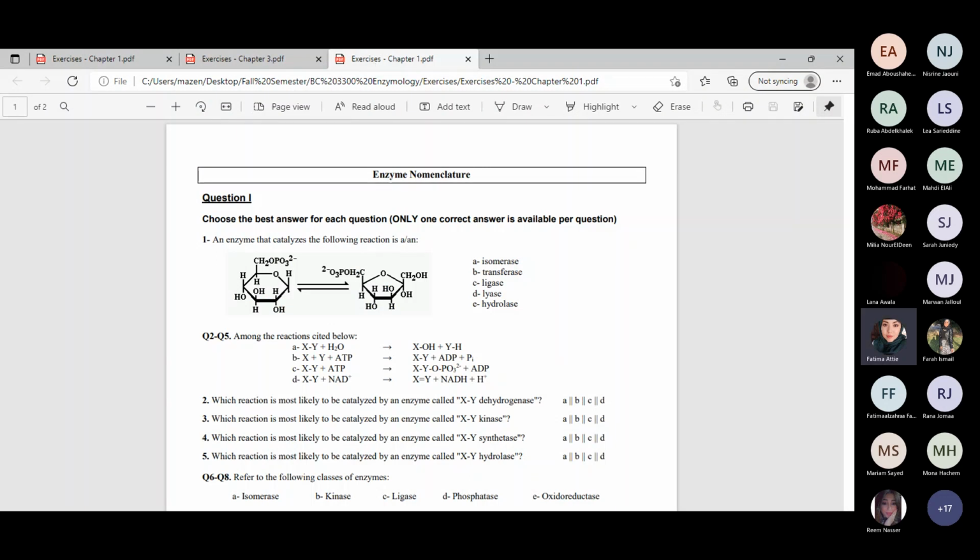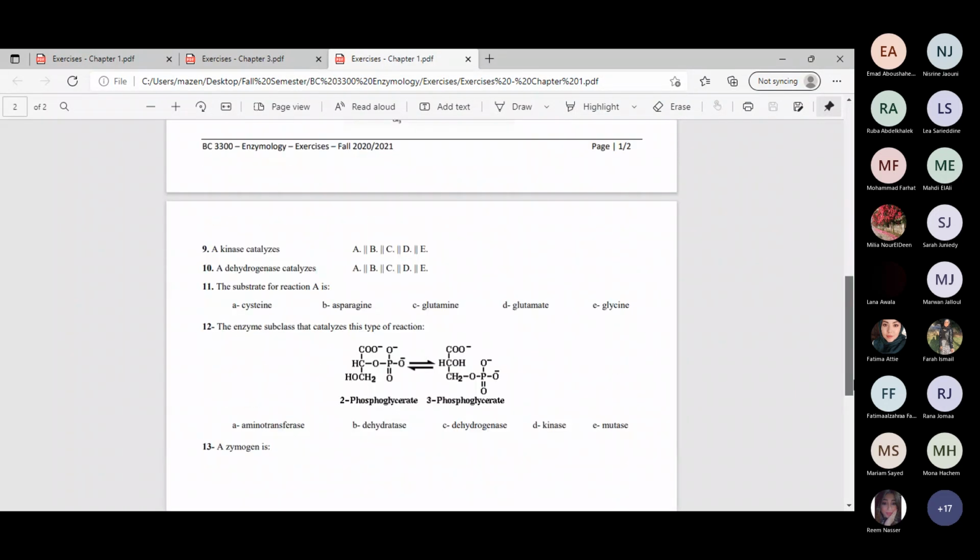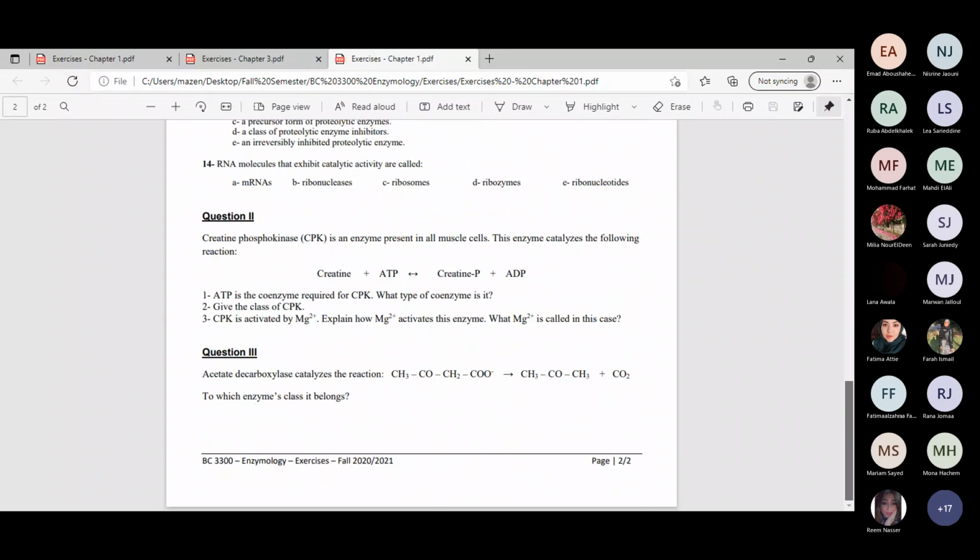Okay. So now you can start with exercise chapter 1 and chapter 3. You can start doing these exercises for chapter 1, which is enzyme nomenclature. You have different questions regarding the classes of enzyme.